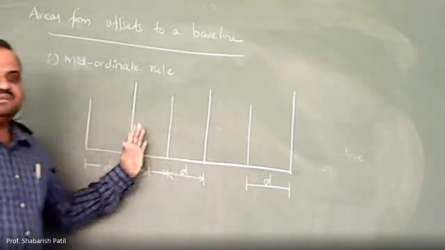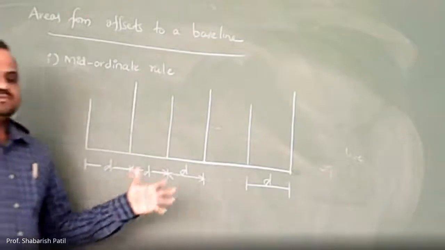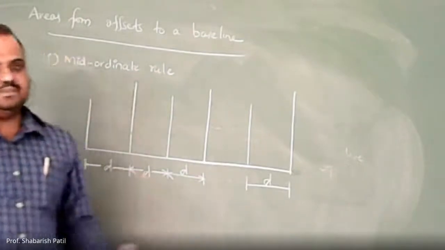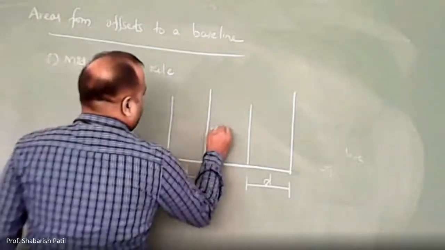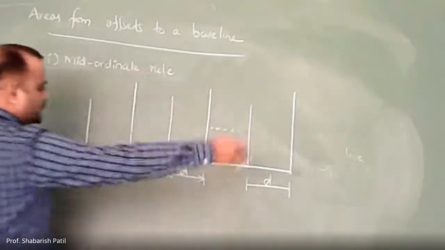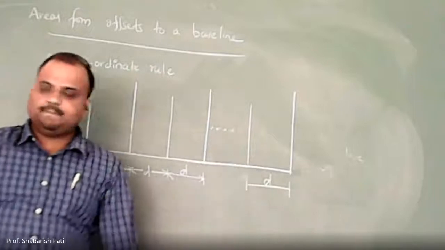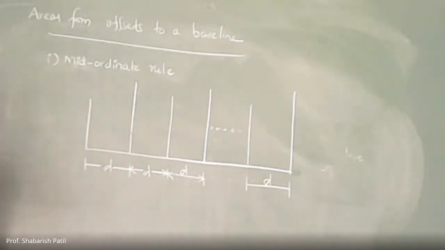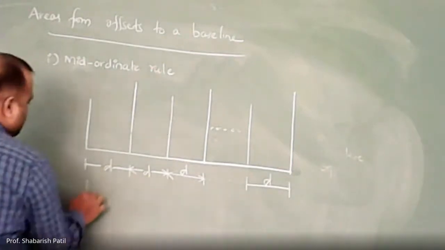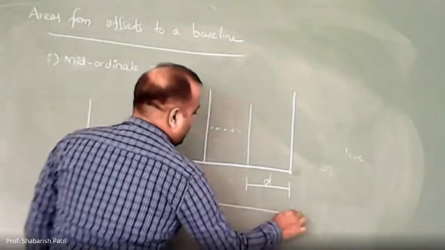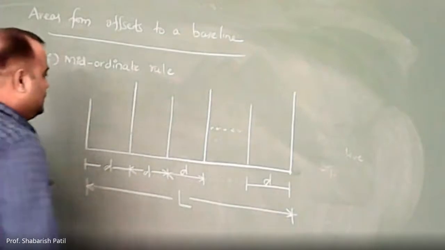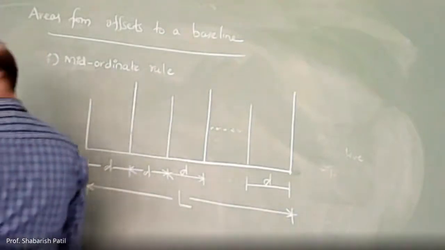They can be called segments or strips; some textbooks use strips, some use segments, and they can be used synonymously. There will be n number of segments to cover my total area, and I'm taking L as the total length.